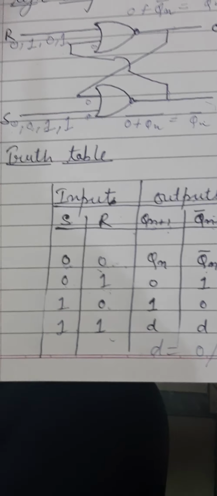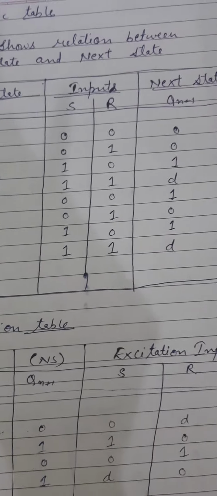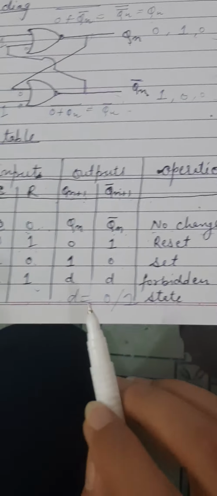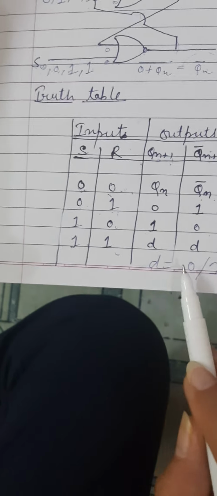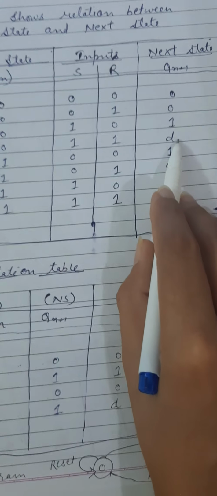The next one is when the value of SR is 1 0, we see in the truth table the output is 1. So we will write here, when the value of SR is 1 0, the output is 1. And when the value of SR is 1 1, the output is D.